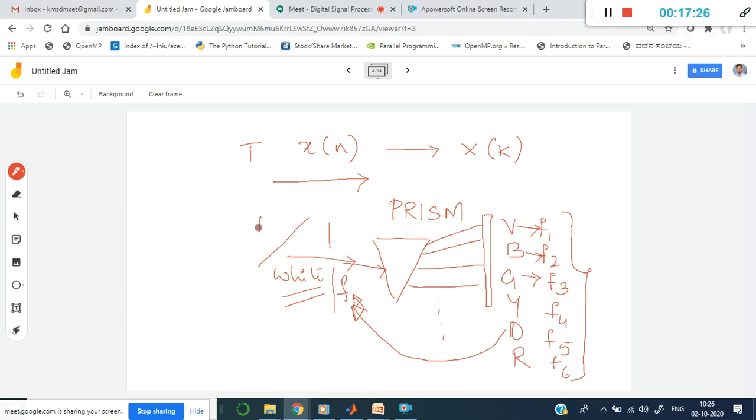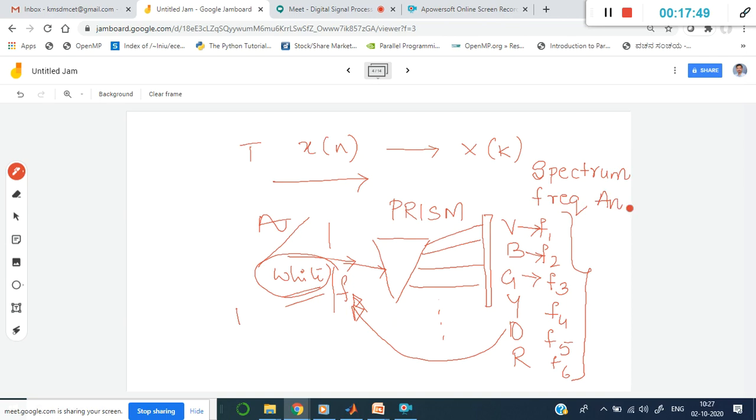Similarly, if I take any signal, I'll come back to this. This is what we call, the first time Newton coined this word, spectrum analysis, or frequency analysis.